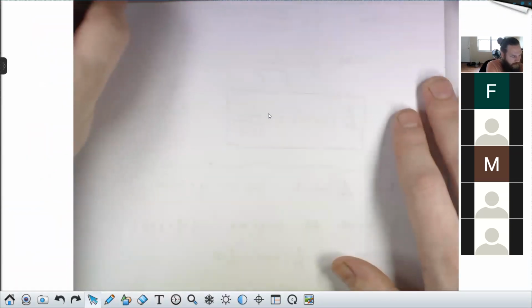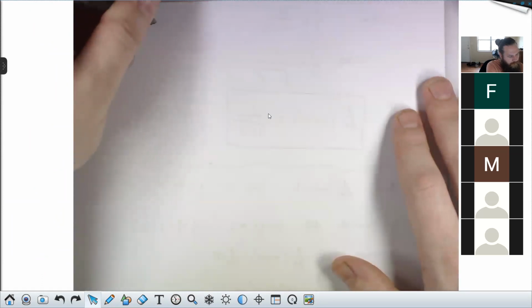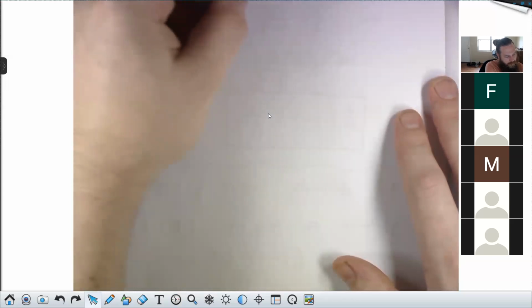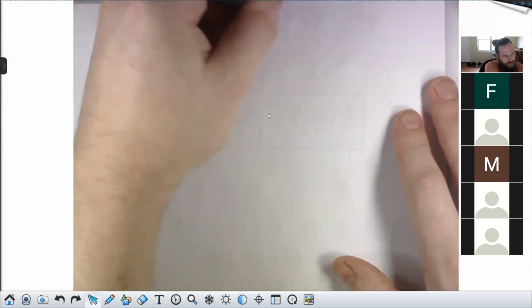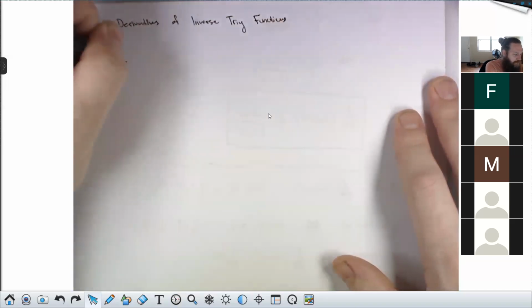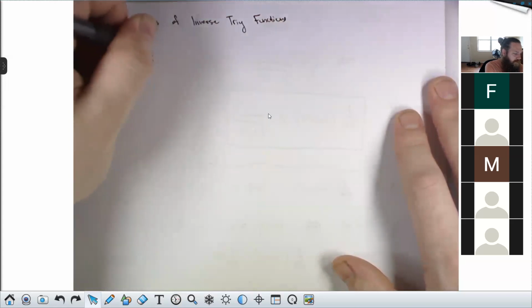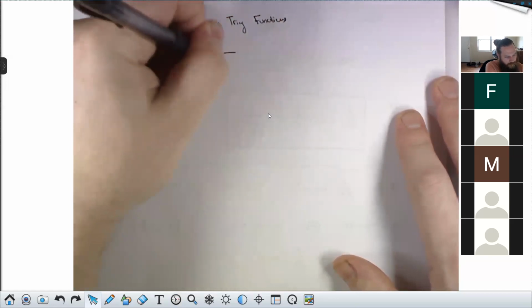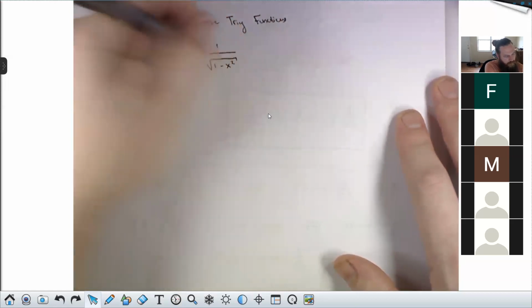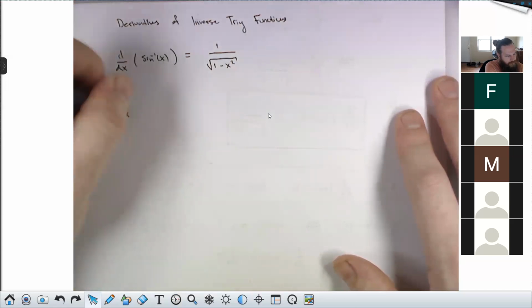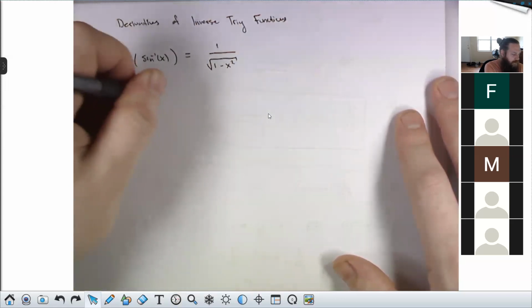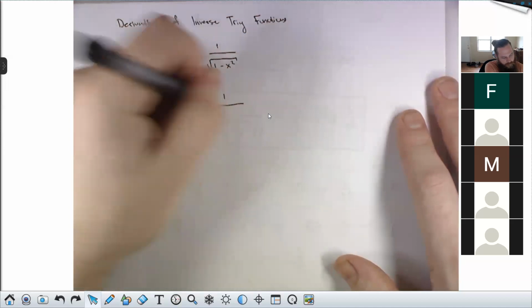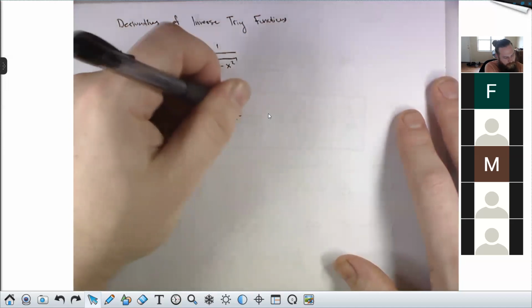So the derivatives of inverse trig functions. These things you must remember. The derivative of the inverse sine of x is 1 over the square root of 1 minus x squared. The derivative of the inverse cosine of x is easy. It's just the negative of the derivative of the inverse sine of x. And that pattern holds in general here.